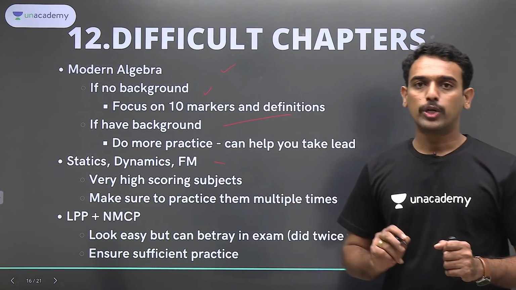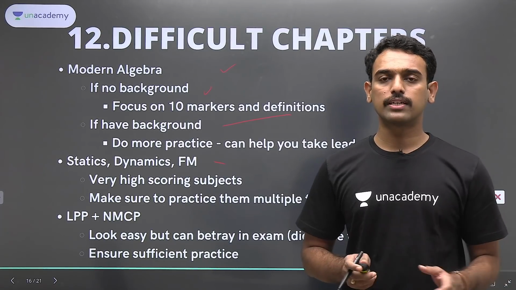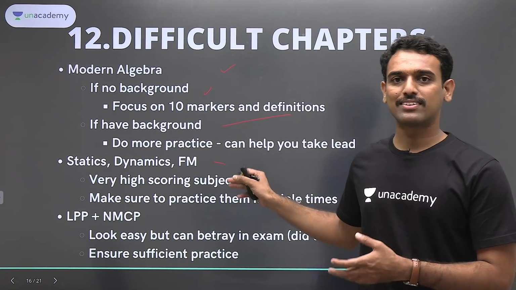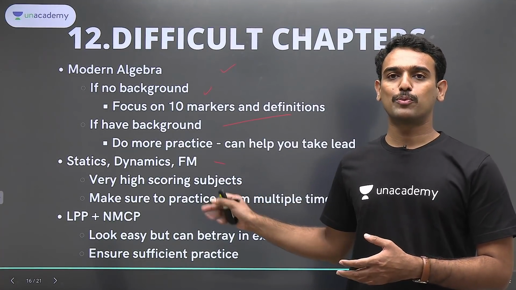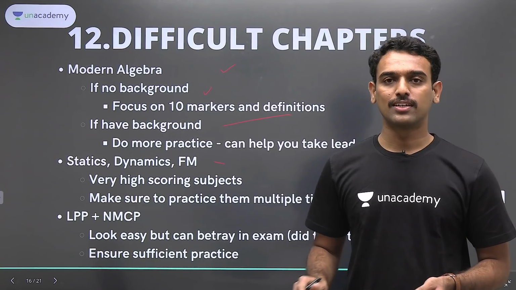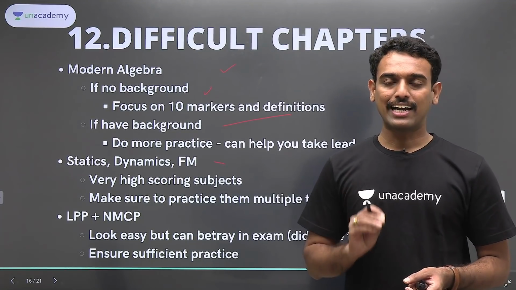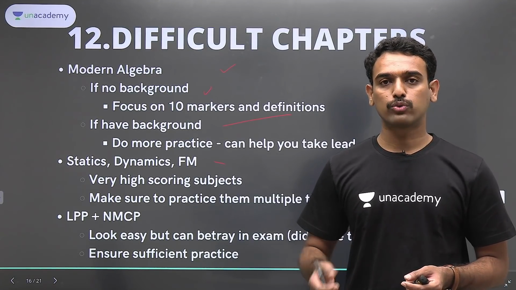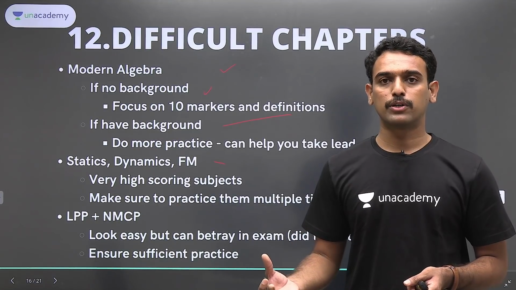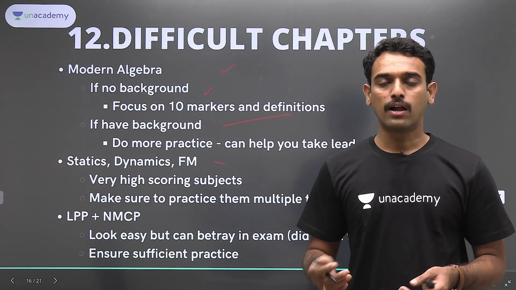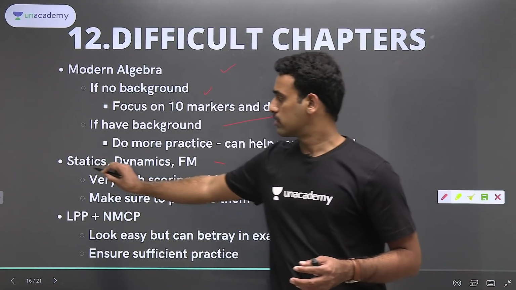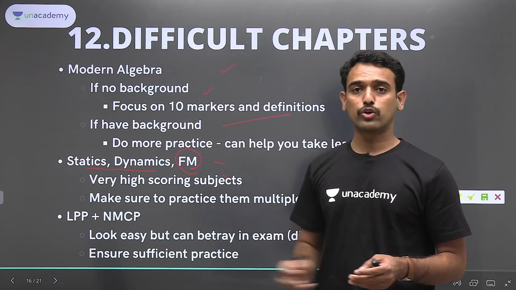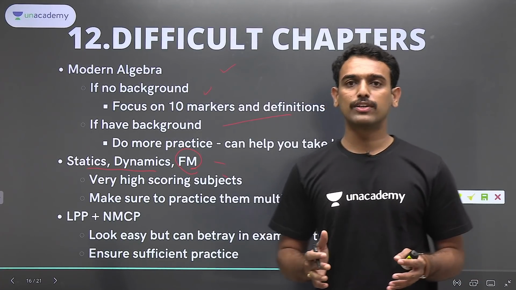Statics, dynamics and fluid mechanics. Once again, as I said previously, very large chapters. These 2 chapters itself can take you 1 month of preparation, because the syllabus is so much, but they are of great guarantee, and they can ensure that you have those 60, 70, 80 marks out of 500, because usually this chapter comes for around 50 marks, and this chapter also comes for around 50 marks, and if you are able to solve those 100 markers, you can get 70 to 80 marks.